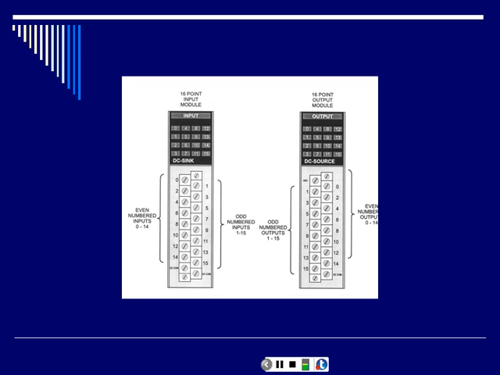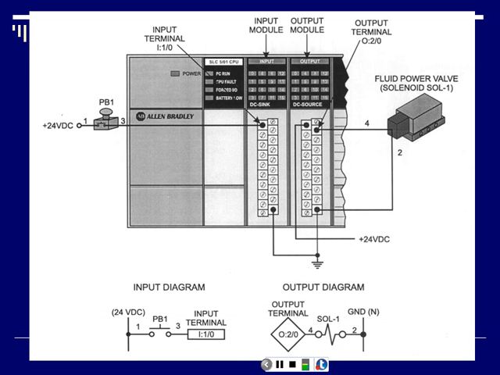Well, the reason I do is because the trainer labels them 1 to 9 or 1 to 8 or something like that instead of starting at 0. So if you don't pay attention to the 0, you're going to try to do something else, okay? Same thing with the output modules.